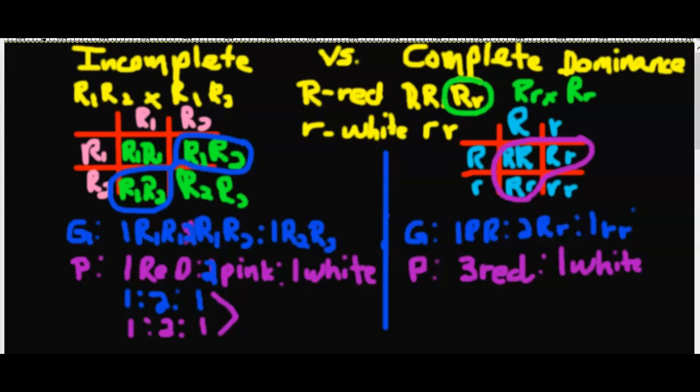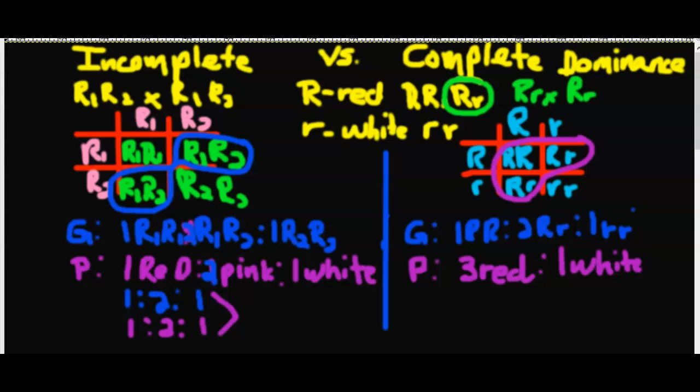So in the incomplete dominance over here, take a look at that. We have a different way to write it, capital letters, numbering, or you can write it with a prime. That's one difference. Now the difference is this is going to have 3 different phenotypes.